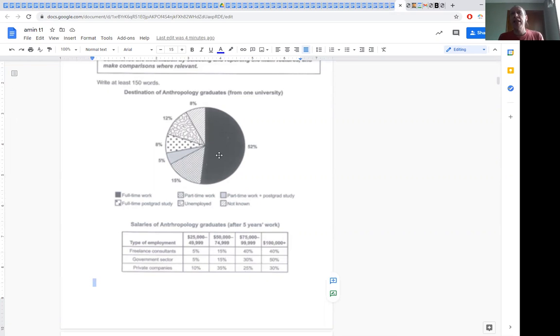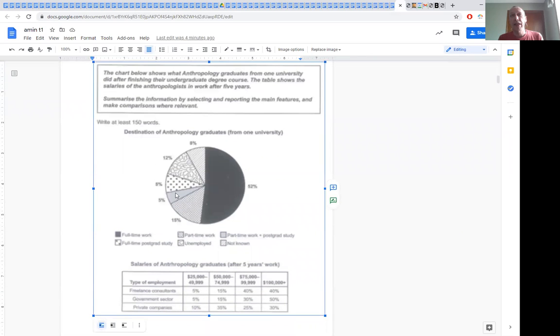And here we have in the pie chart different categories. So full-time work here, part-time work here. This one here, 5% is part-time work with studies, 8% is full-time study, 12% is unemployment, and 8% just could not be contacted, I guess, or couldn't be found.